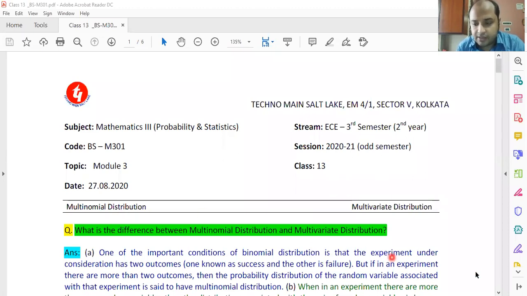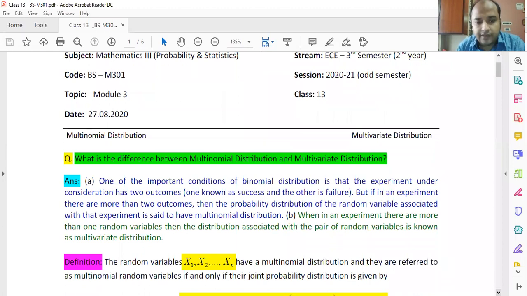Let me understand the difference first of all. The difference is, one of the important conditions of binomial distribution is that the experiment under consideration has two outcomes. If we talk about binomial distribution, we always talk about success and failure.